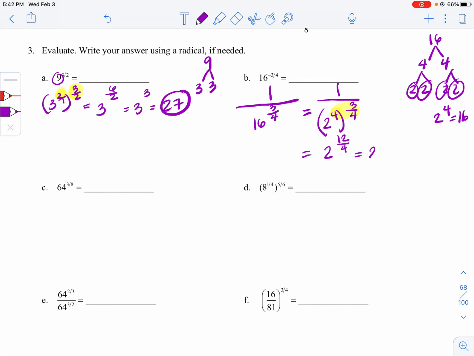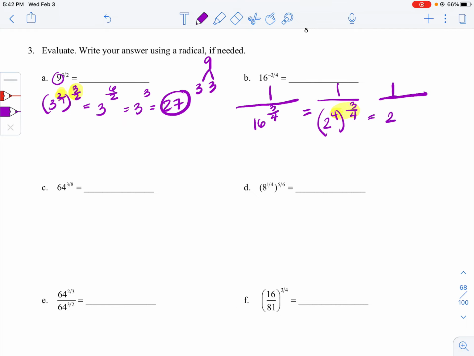Oh, I am forgetting, you guys. Let me just take that out, because you already know that. I keep forgetting this one. That's 2 to the power of 12 over 4. That's 2 to the power of 3. So what's 2 to the power of 3? 2 times 2 times 2. That's 1 over 8. So our answer here is 1 over 8.